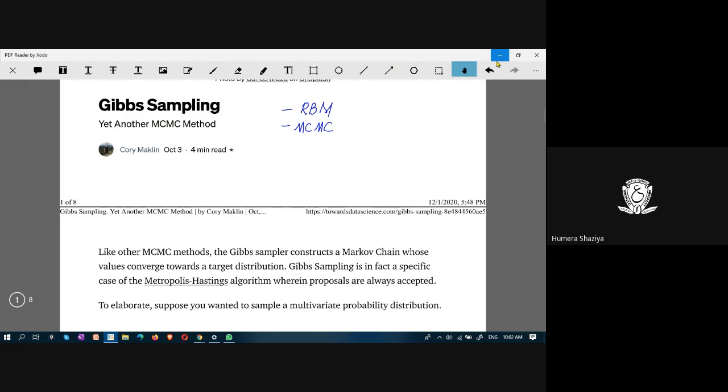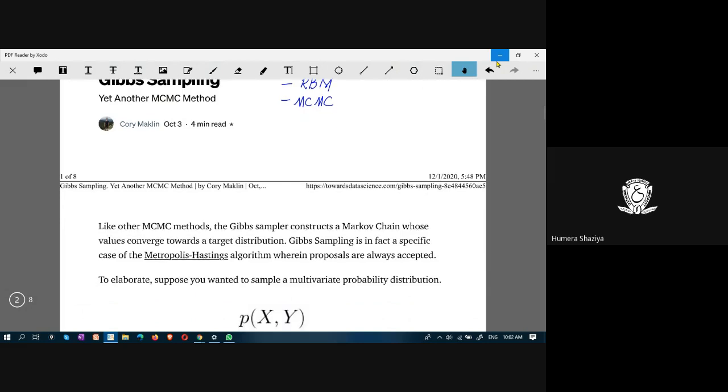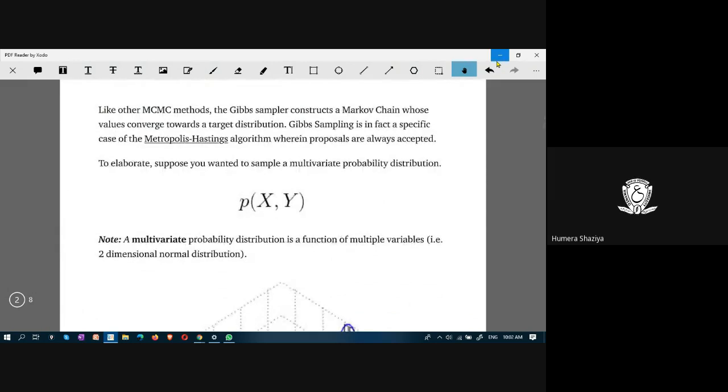MCMC methods are used to generate a probability distribution. The same functionality is performed by Gibbs sampling. It's about generating samples. And Gibbs sampling constructs a Markov chain whose values converge at a particular distribution.